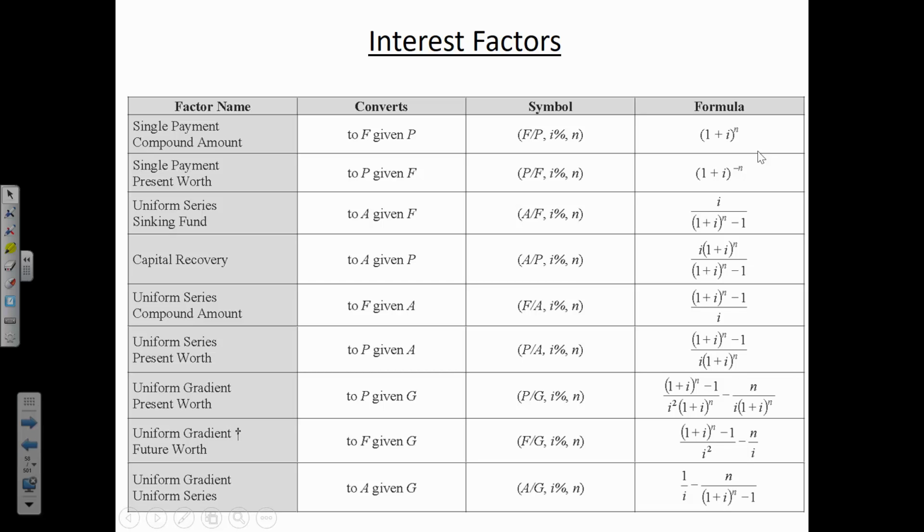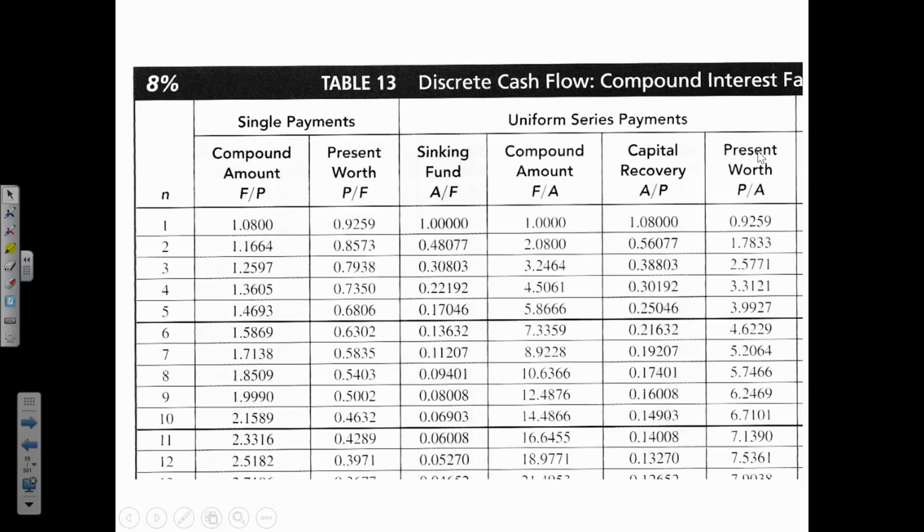All right, so these interest factors are one of the ways that we're going to be accounting for the time value of money. This is a scan of one of the factor tables from the back of your book. The appendix is just page after page of tables that look like this. You can see up in the corner, this says 8%.